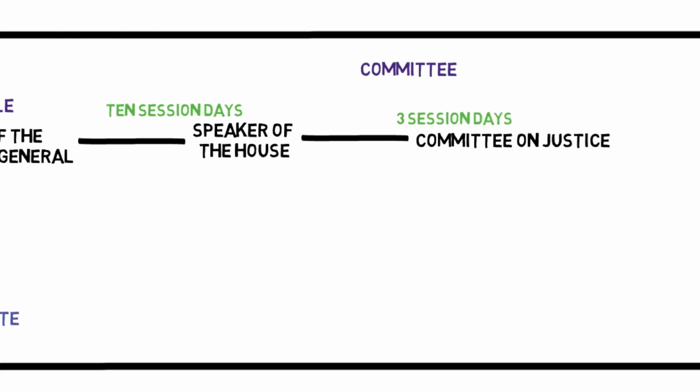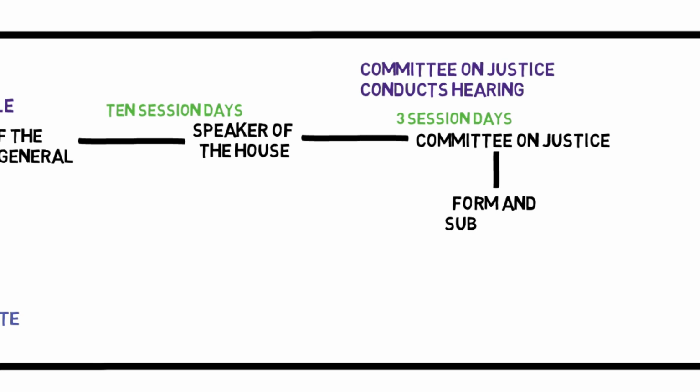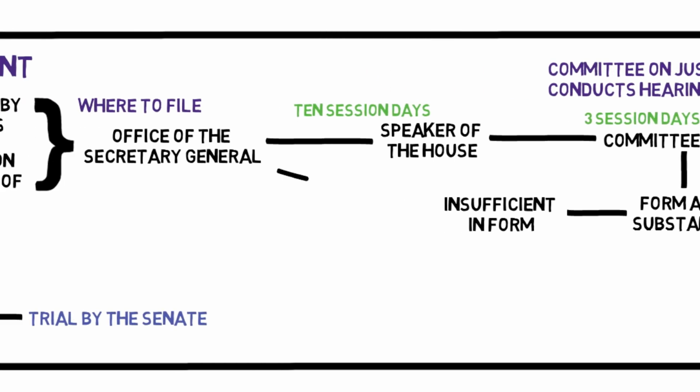Second step. The Committee on Justice conducts hearing. Upon due referral, the Committee on Justice shall determine whether the complaint is sufficient in form and substance. If the committee finds that the complaint is insufficient in form, it shall return the same to the Secretary General within 3 session days with a written explanation of the insufficiency.